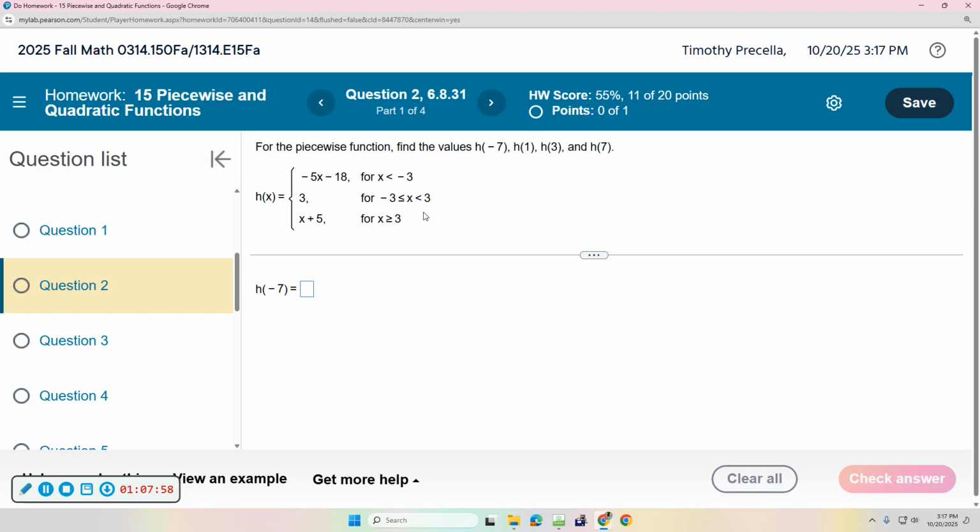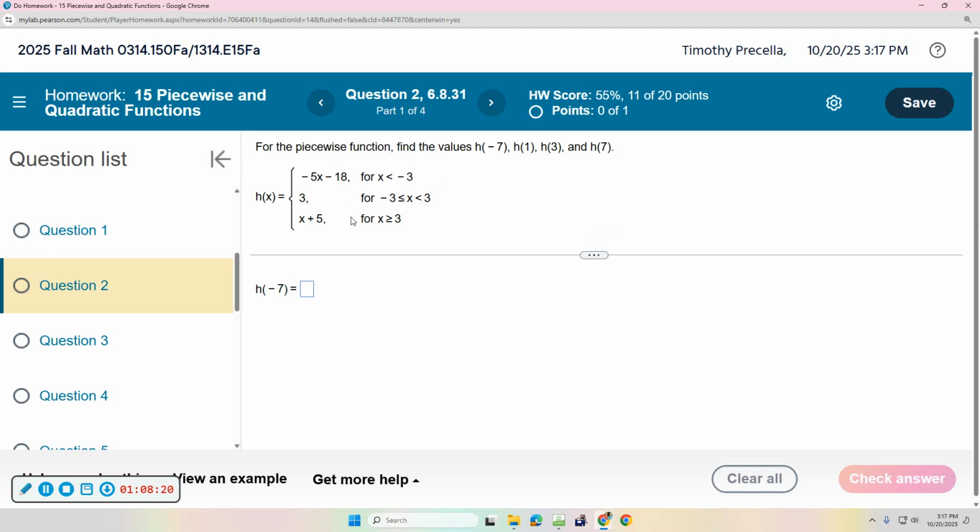I don't like that middle piece, okay? And the third piece, x plus 5, for an x value greater than or equal to 3. Let me make sure I didn't miscopy this.